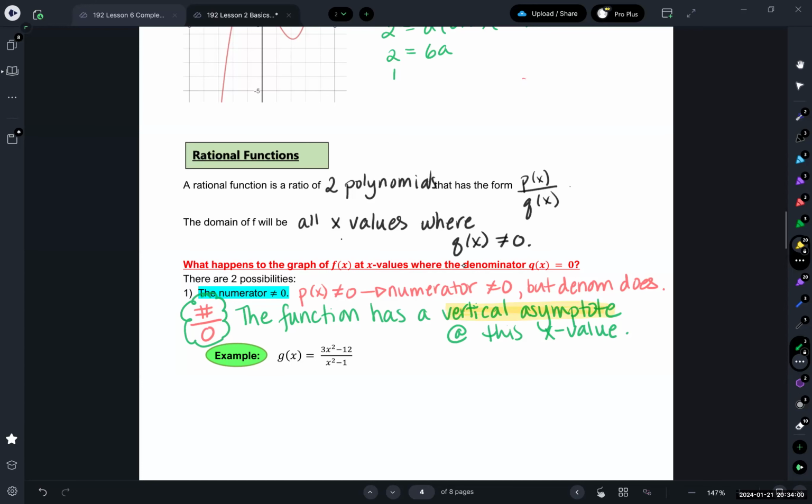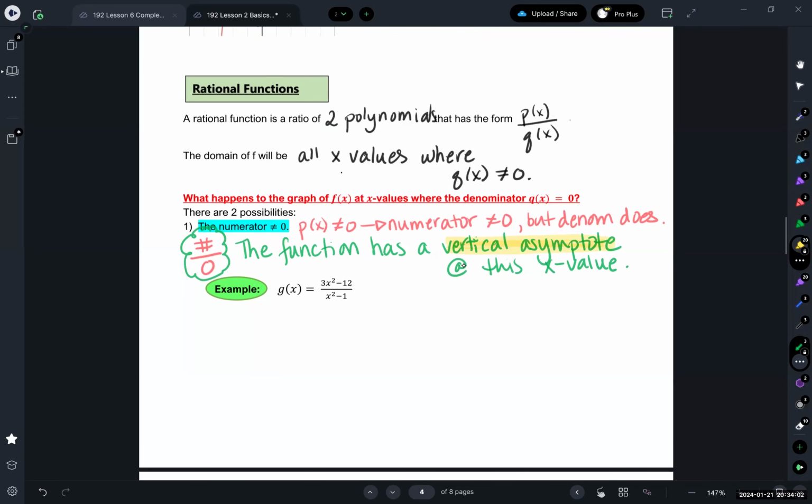Okay, so here's an example. We have this function g of x equals 3x squared minus 12 over x squared minus 1. And we could look at the places where both the numerator and the denominator equal 0 pretty quickly. If we were to just simplify this, I'm going to factor out that 3. And then factor both the numerator and the denominator. They're both difference of squares.